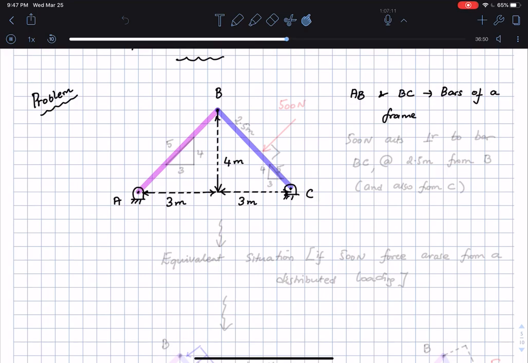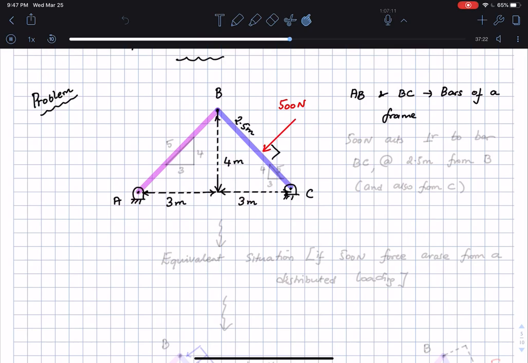Okay, the important thing is there is a force which is acting on the bar BC, and here is the force that is drawn. Okay, here is this force which is having a magnitude of 500 newtons, and it's acting at a distance of 2.5 meters from either pin B or pin C, and it's acting at an angle of 90 degrees. Okay, this is 2.5 meters.